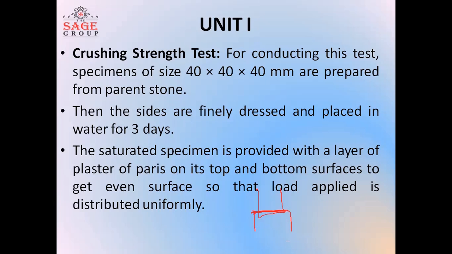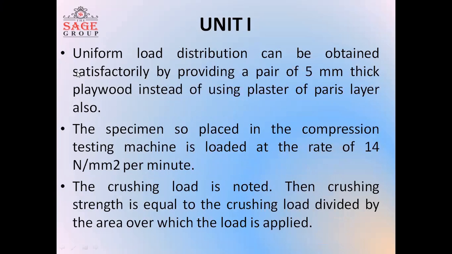If the load is not distributed uniformly, the accurate strength of the stone cannot be obtained. A uniform load distribution can also be achieved satisfactorily by providing a pair of 5 mm thick plywood instead of plaster of Paris.